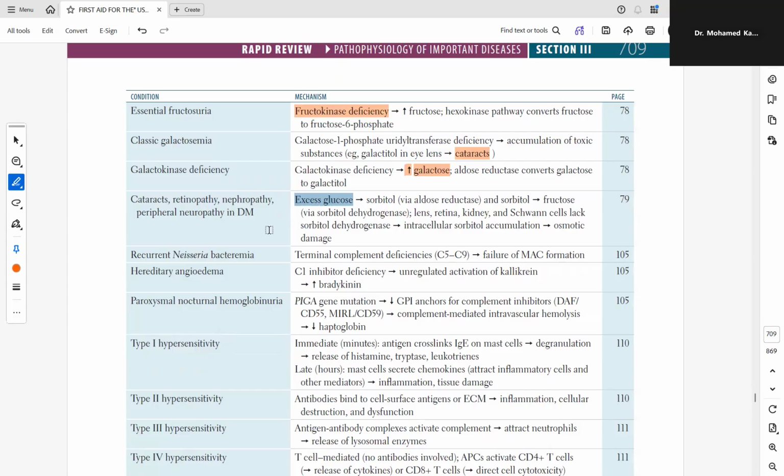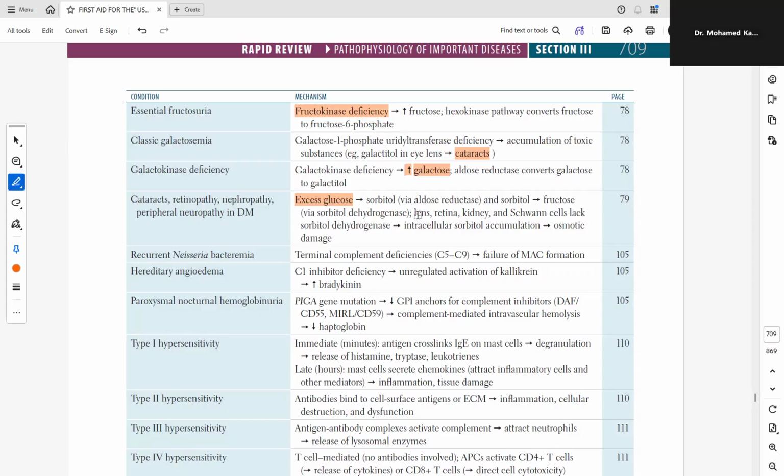Too much glucose in the bloodstream will lead to these complications. This excess glucose will be transformed into sorbitol via aldose reductase, this is the enzyme, and sorbitol to fructose via sorbitol dehydrogenase.